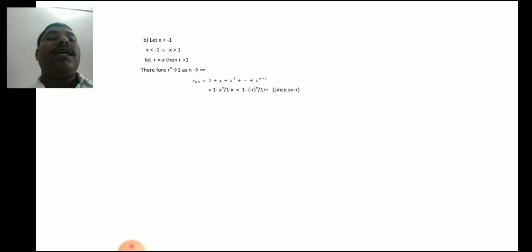So Sn is equal to 1 plus x plus x square up to x raised to n minus 1. So that is equal to 1 minus x raised to n divided by 1 minus x, that is equal to 1 minus of minus r raised to n divided by 1 plus r, since x is equal to minus r.